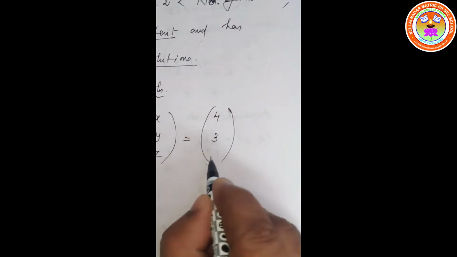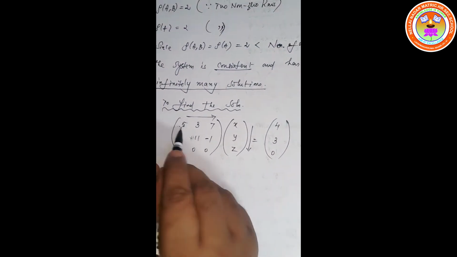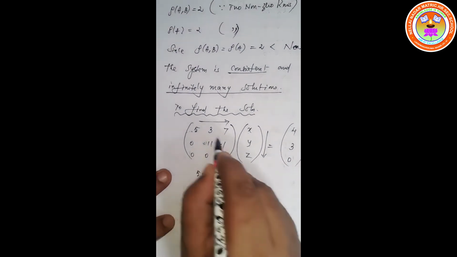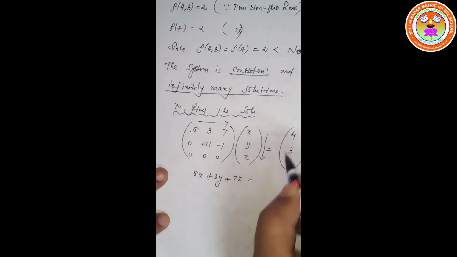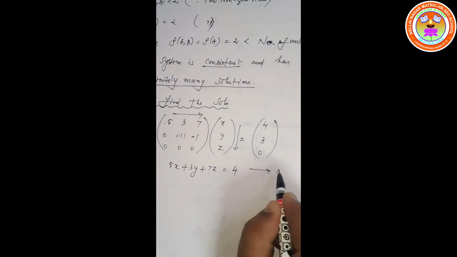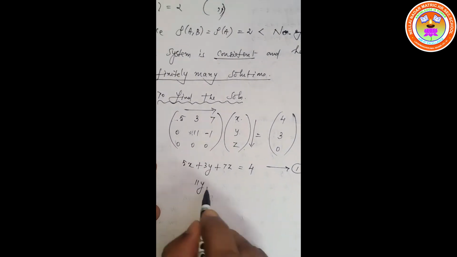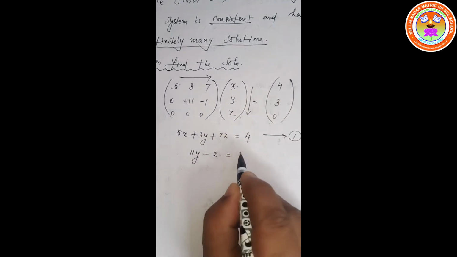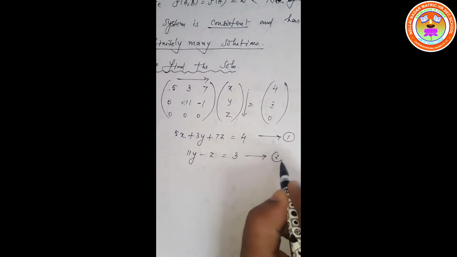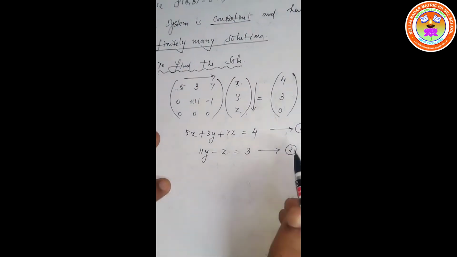Now you can multiply: 5x plus 3y plus 7z is equal to 4, that is equation number 1. 0x, 11y minus z is equal to 3, that is equation number 2. Now the last one, 0x, 0y, 0z is equal to 0. So all 0 only, no need to write.